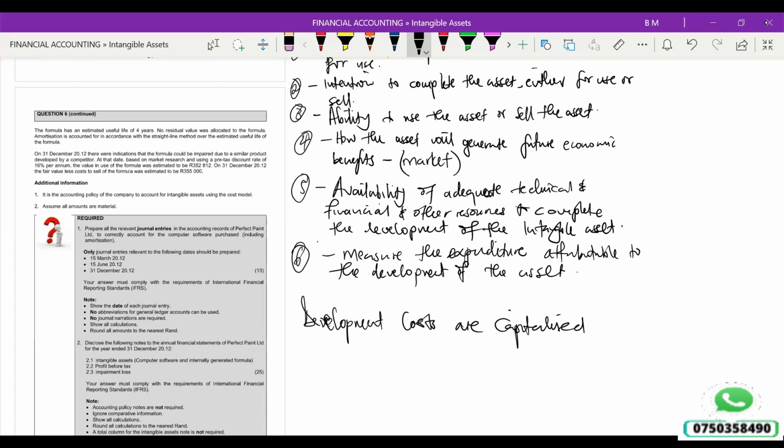When we go and purchase rights to broadcast maybe a certain television channel, and you say, no, I want these rights for 10 years, that means you're amortizing it over a period of 10 years, right? Okay.